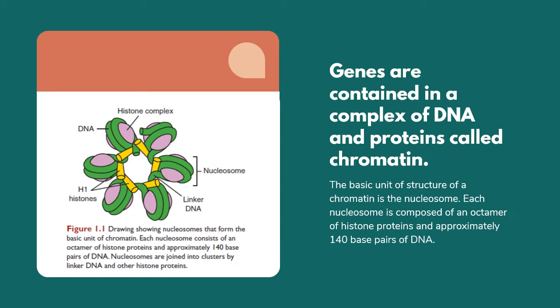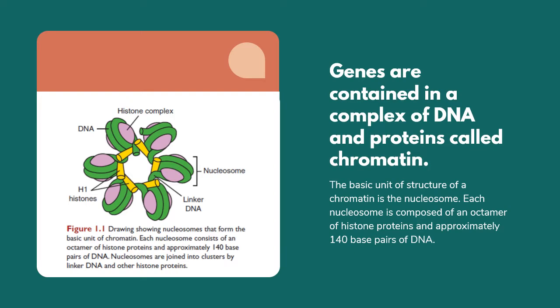Let us briefly review how the chromatin that contains the genes is organized. Genes are contained in a complex of DNA and proteins called chromatin. The DNA and histone proteins are organized into repeating subunits called nucleosomes.